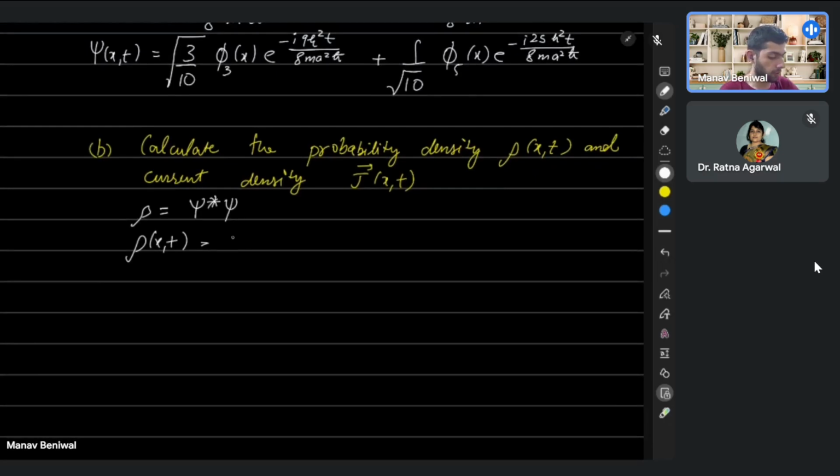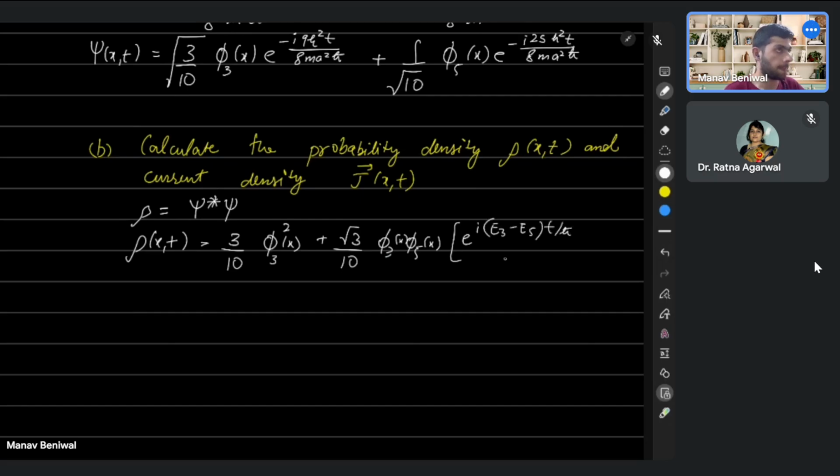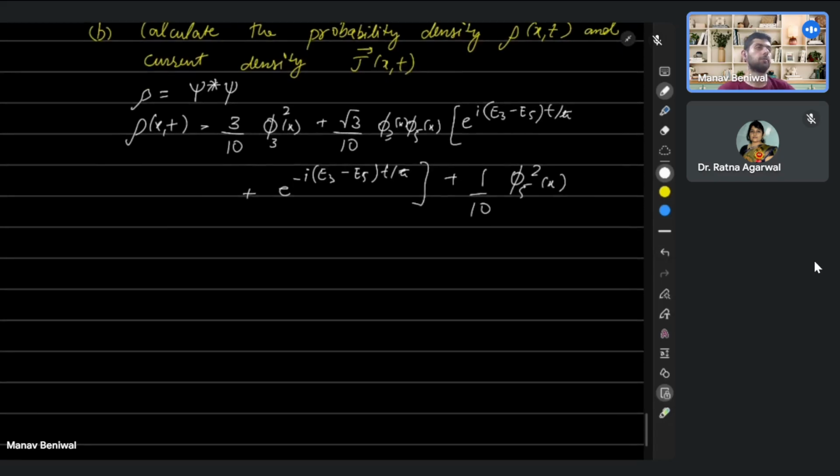So what we will get is 3 over 10 phi 3 squared, plus root 3 by 10 phi 3 phi 5 times, inside, e to the power iota (E3 minus E5) t by h cut, plus e to the power minus iota (E3 minus E5) t by h cut, bracket closed, and finally 1 over 10 phi 5 squared. So this will be the probability density.